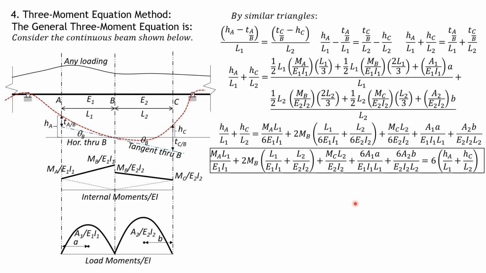So normally, E1 and E2 are equal or common.